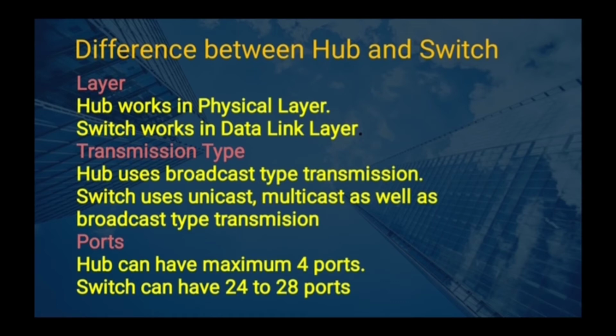Hub works in the physical layer, switch works in the data link layer. We will not discuss the detail of the 7 layers. It's just that you understand this point now, that there are 7 layers in the network connection.